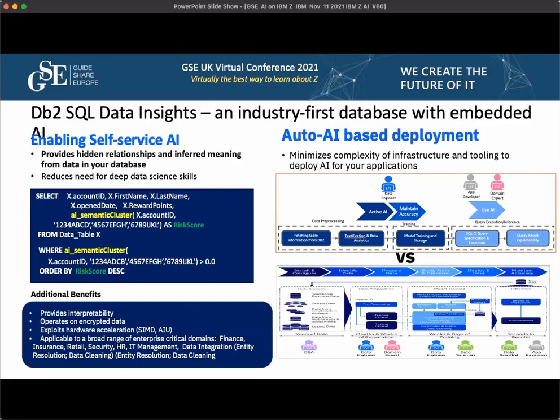And the simpler way for me to explain this would be, in the past, you could use Db2 SQL database to get reports and so forth. Now you can ask your Db2, through the SQL queries, to help you make decisions.